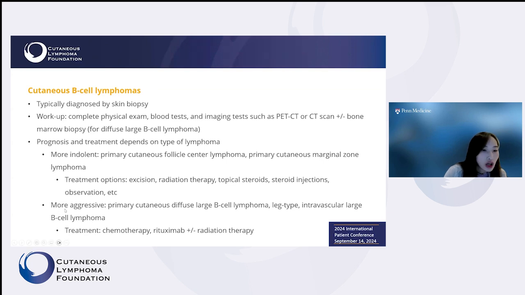If you have more aggressive types of B-cell lymphomas, like diffuse large B-cell lymphoma or intravascular large B-cell lymphoma, then you would need to follow with oncology to get chemotherapy, sometimes a treatment called rituximab, and you may need radiation therapy as well. So treatment and prognosis varies widely on the type of lymphoma that you have.